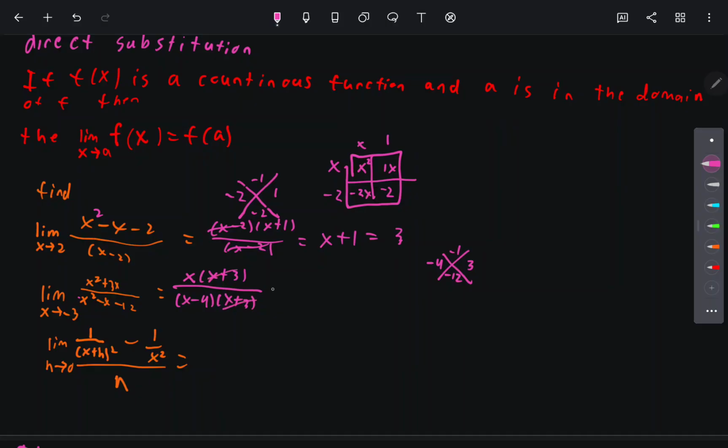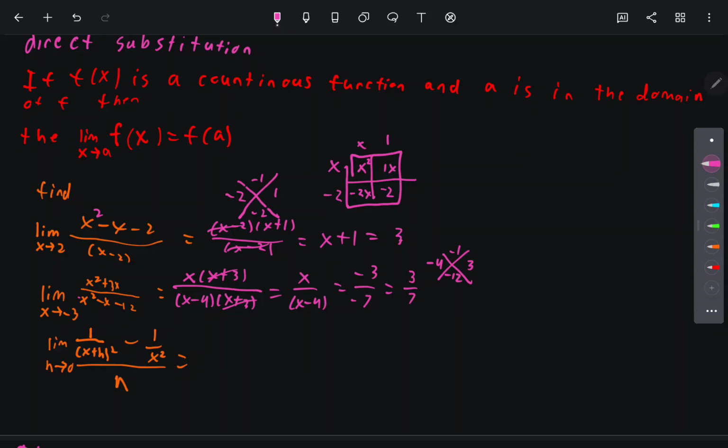And this x plus 3 is going to cancel out, leaving us with the expression of x over x minus 4. As this approaches -3, this numerator is going to approach -3. As we know, the limit of a rational, so this is just really the limit as x approaches -3. And down here is also the limit as x approaches -3. Over, well, as x approaches -3 in the denominator, that's going to approach -7, so we get 3/7.